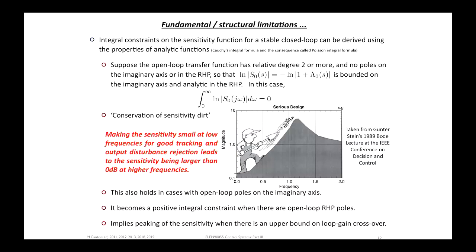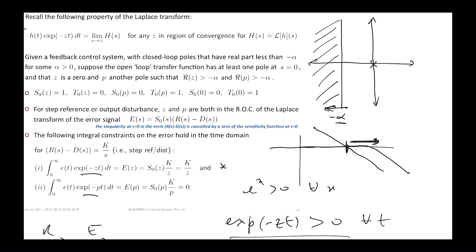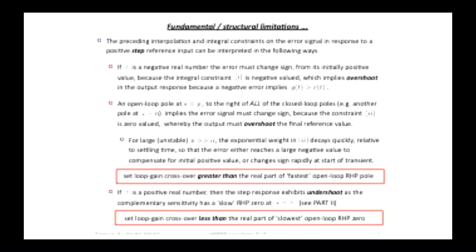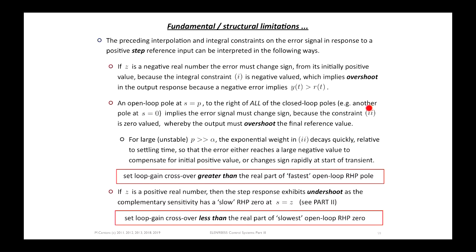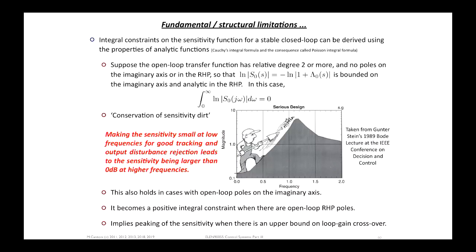Now, what are the implications of this integral constraint? Here we got some integral constraints and we drew some conclusions, what they mean in different situations. What conclusions can we draw from this one? Well, the output sensitivity function is typically small at low frequencies, which is consistent with low frequency reference tracking and low frequency disturbance rejection.